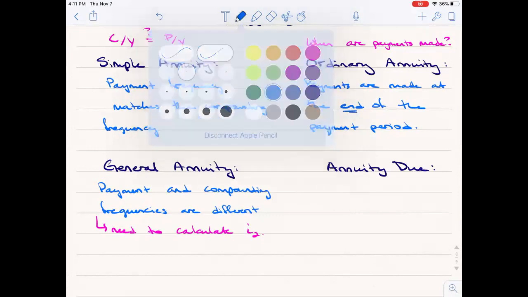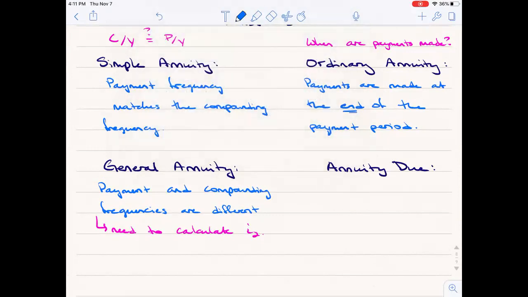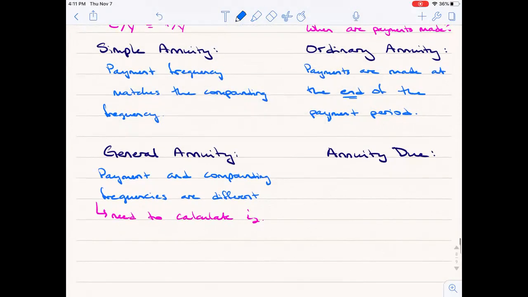An annuity due is when the payments are made at the beginning of each payment period.